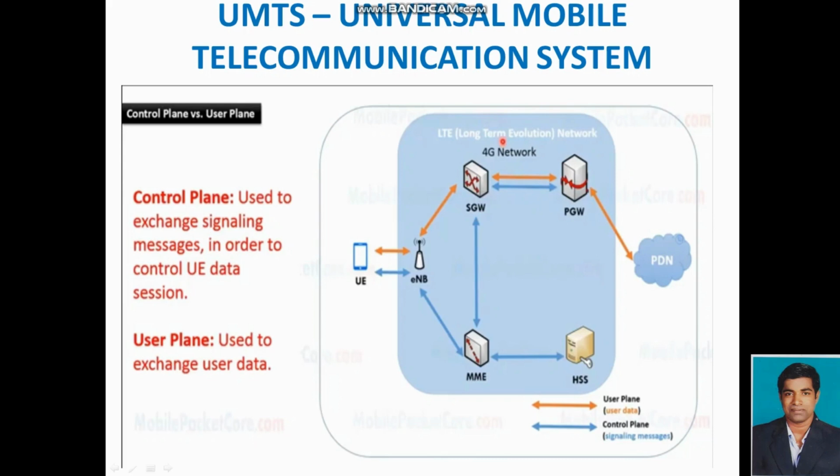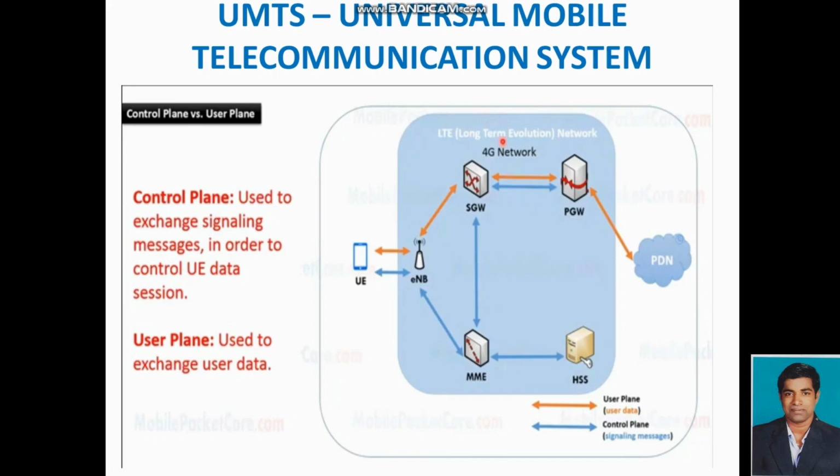Once the base station, eNode B, which is nothing but the base station along with the transceiver system, receives all the user information from the user equipment and gives it to the mobility management entity.